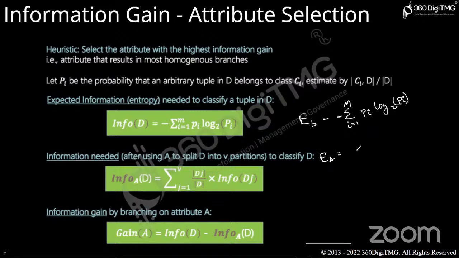And after will be the summation of j equals 1 to v of Dj by D, and then again the summation of p_i log 2 p_i.